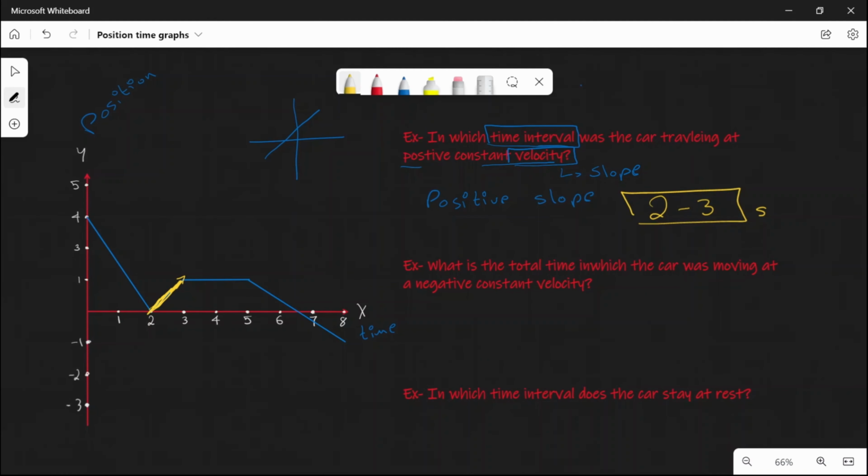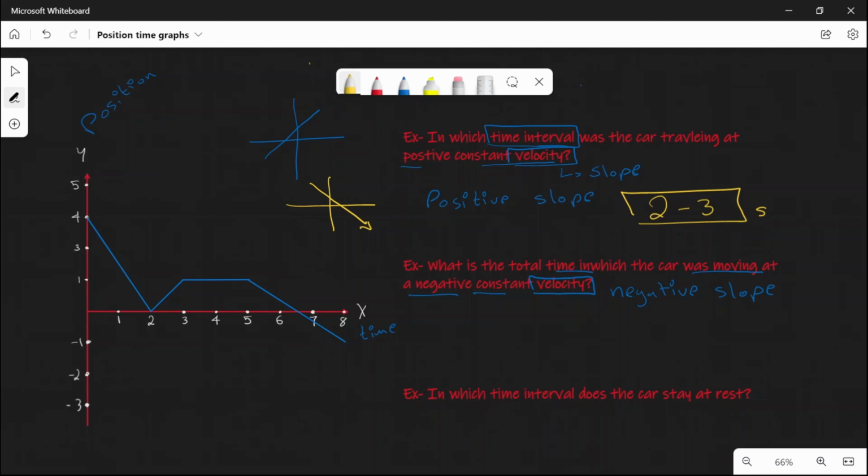Now the next example. What is the total time in which the car was moving at a negative constant velocity? Negative constant velocity means negative slope. So let's indicate the time intervals in which the car was moving in a negative direction or a negative slope. That means that the line is looking down.